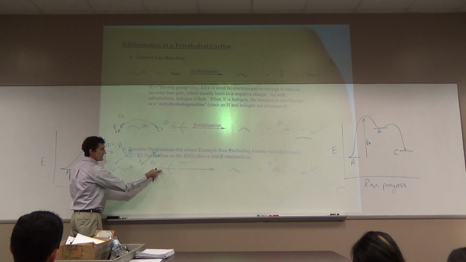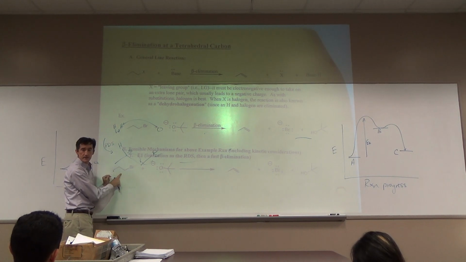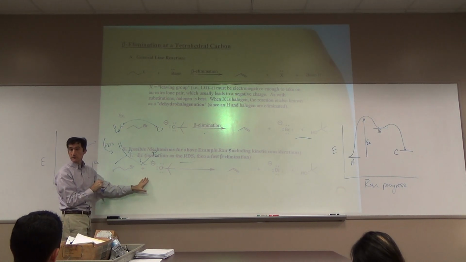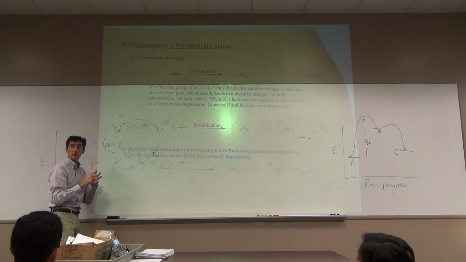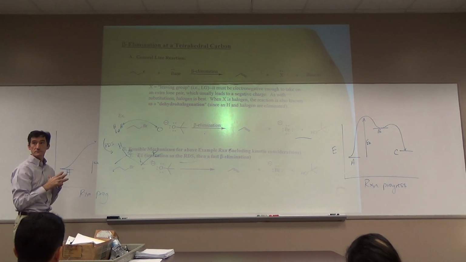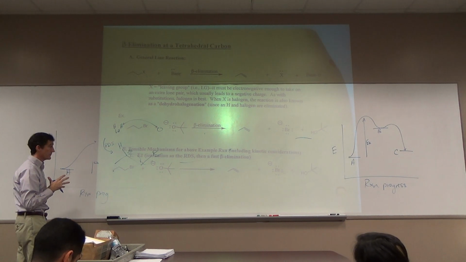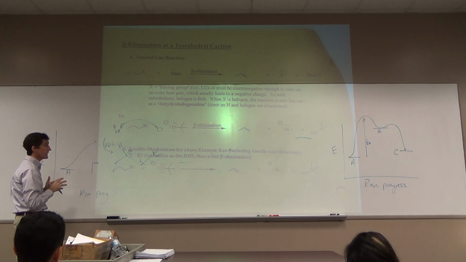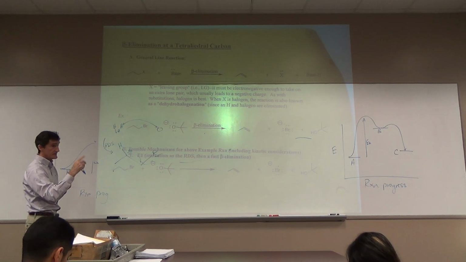In the E1, it takes the H, but it's taking the H from a positive species, right? Look at the E1. When it took the H, the thing it's taking the H from is a positively charged molecule, right? In E2, it takes it from a neutral molecule, just like it did in the third one.